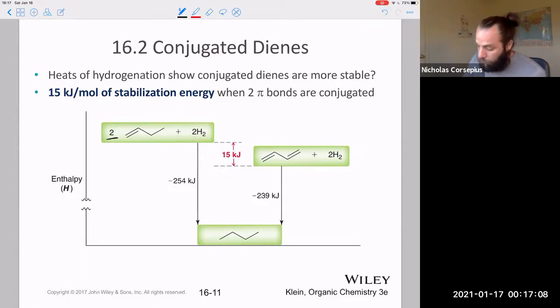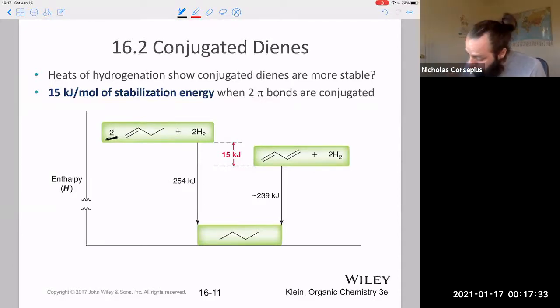If we were to hydrogenate them, basically reduce them all the way to an alkane, it would release a certain amount of heat. There's 2 of them, right? So I'm hydrogenating, or reducing, 2 double bonds. The difference is that they're isolated.